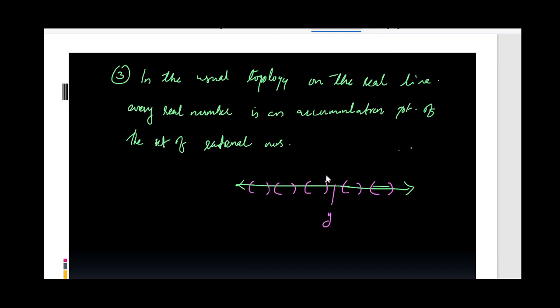If you take this Y, you take an open set containing Y, you will get something like this or something like this. But anyway, next to Y there should exist rationals, right? So we have studied that rationals are dense in R. So when you take a real number, every open set containing that Y should definitely contain rational numbers. So every real number is an accumulation point of the set of rationals.